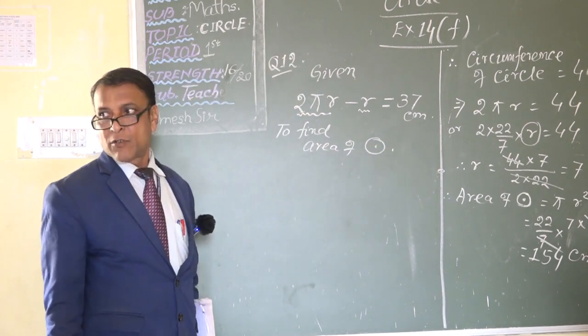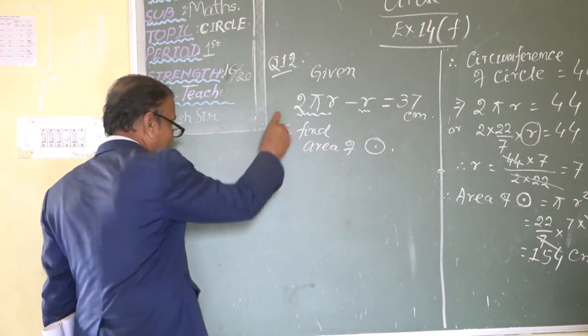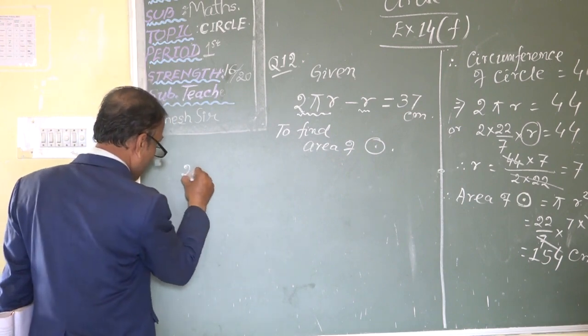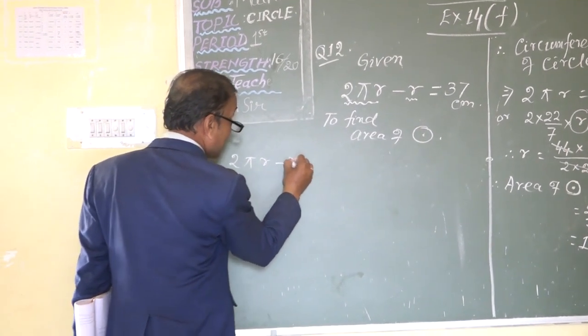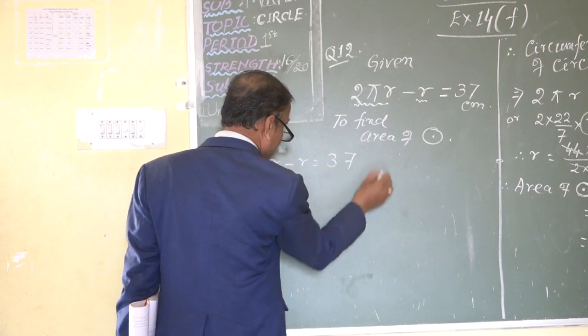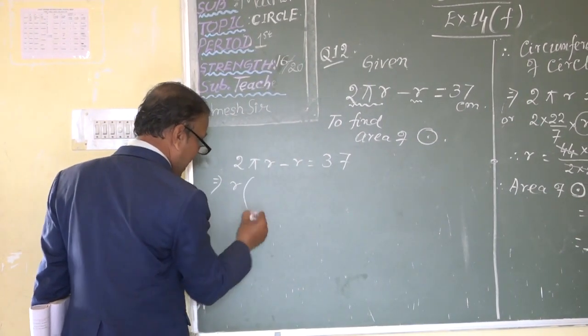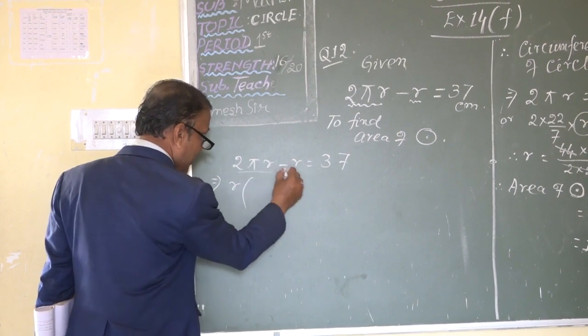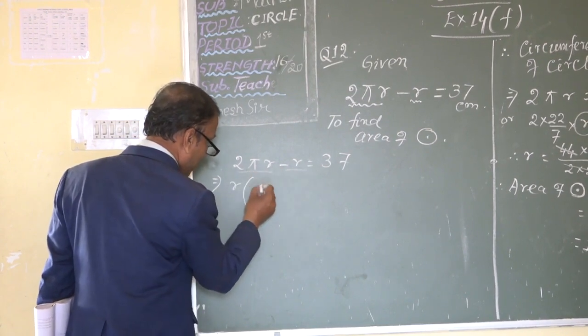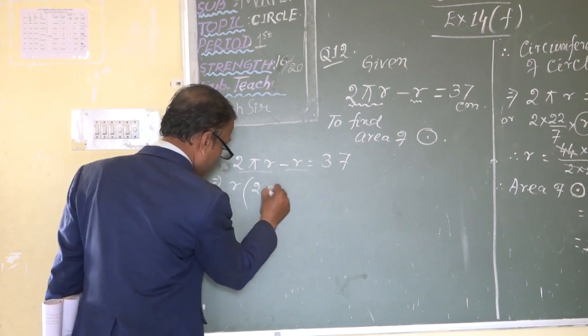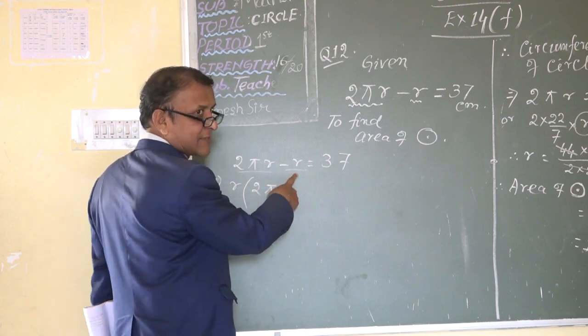So what is given? 2 pi r minus r is equal to 37. You take r common. If you take r common from here and here, then here it will be 2 pi, and here r has gone out.